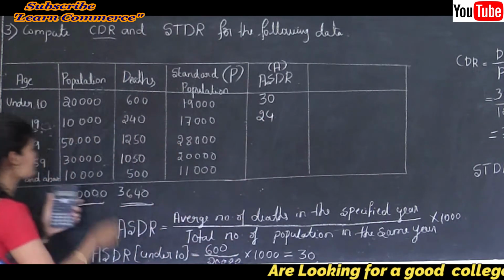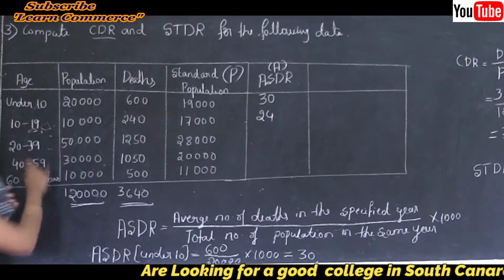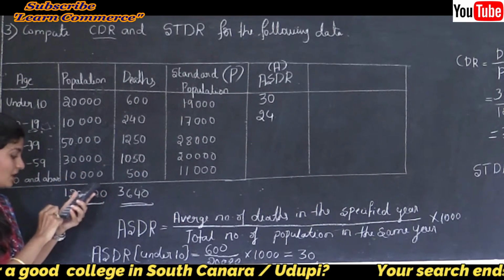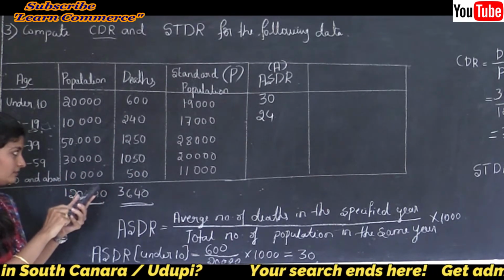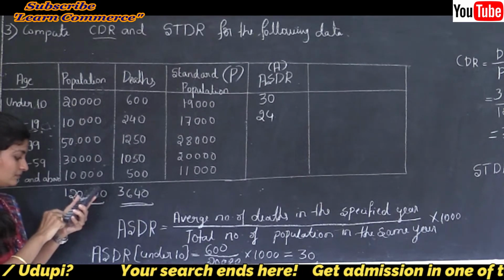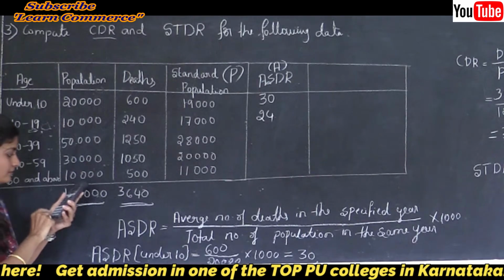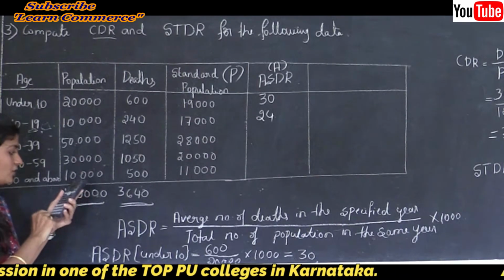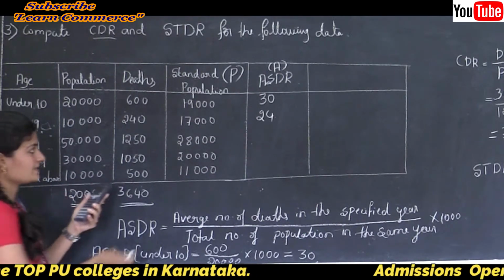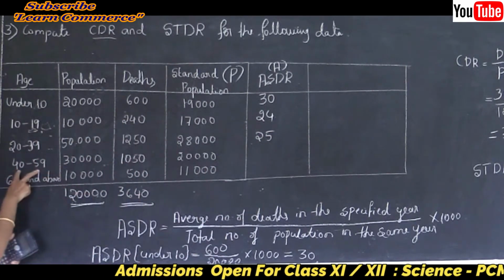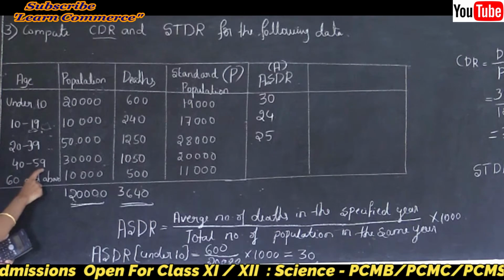The next specified year is 20 to 39. Here deaths 1250 divided by 50,000 into 1000, that is 25. Next, the specified year 40 to 59.